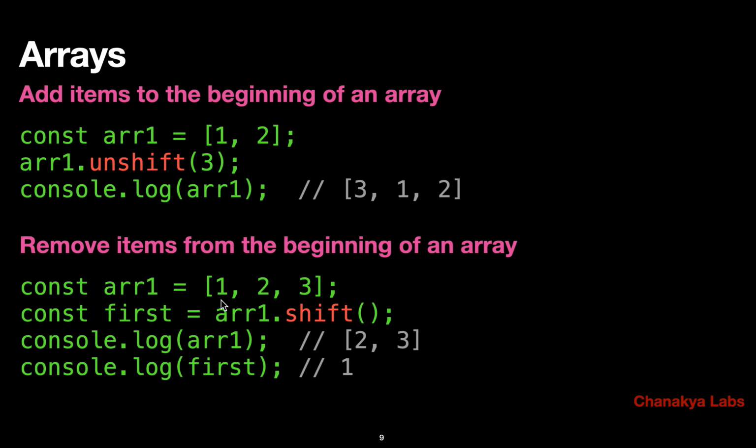But if you want to capture the value which was removed, then while shift is removing it, it returns that value as its return value, so you can capture it here, and if you print that value, you can see that this 1 is there. Again, this is a value, and that's why it is simply 1. This 2 3 is still an array, right?